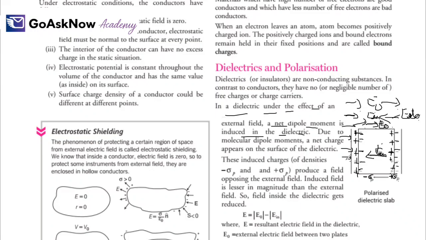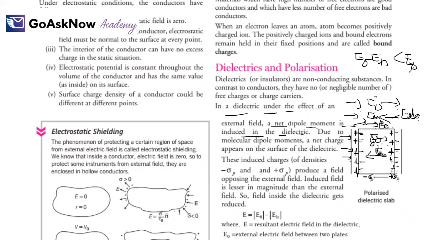So you can see that inside the dielectric there are two types of electric field present. One is E in and another is E external. So if you calculate the net electric field inside it, it will be lesser than E naught. So E naught minus E in must be lesser than E naught.